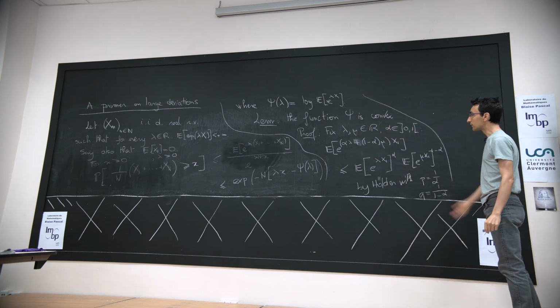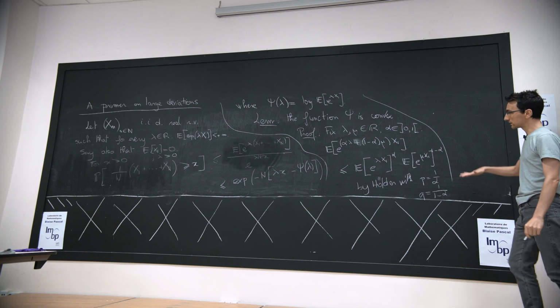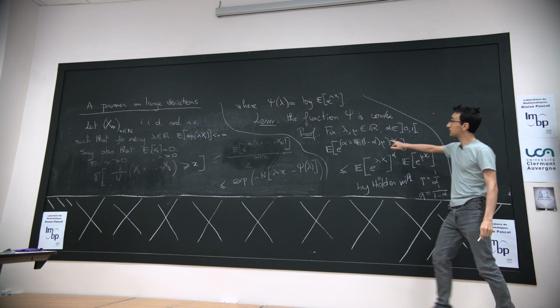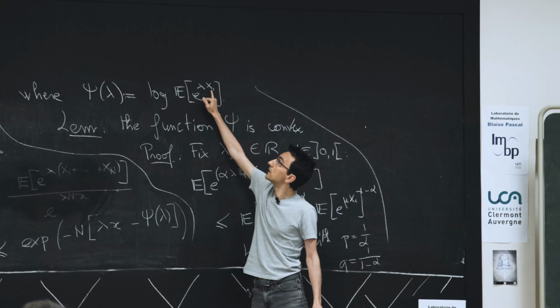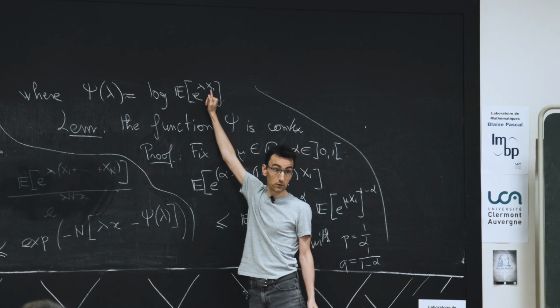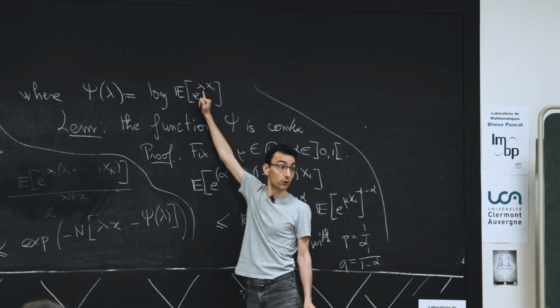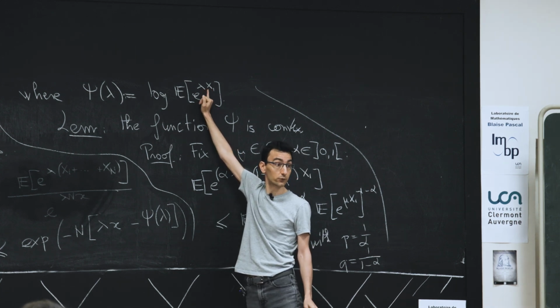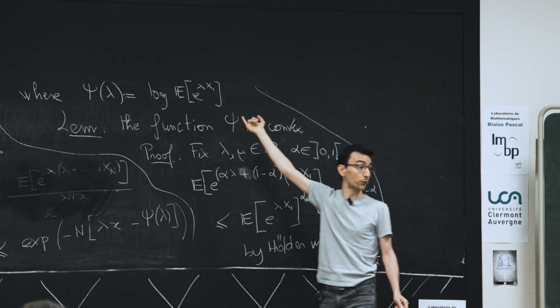Part of the reason I wanted to display the proof is that I also want to observe that this is going to work in case x1 is vector valued and lambda is vector valued, and you take the scalar product between the two terms. You can just copy the proof.